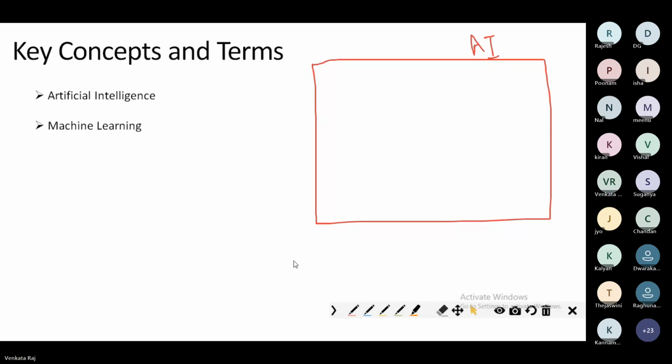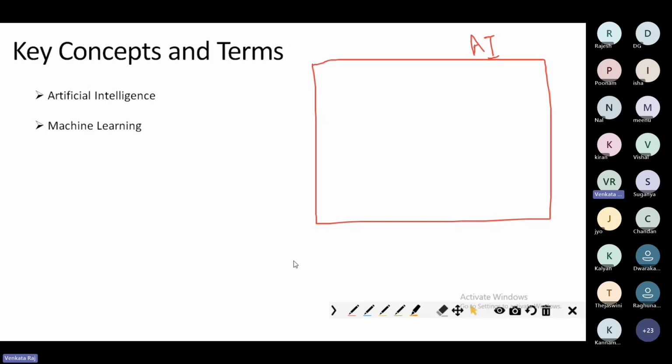Using machine learning, we can develop the algorithms which can basically learn from experience. So using machine learning, so normally we call it ML, right? We can analyze data.